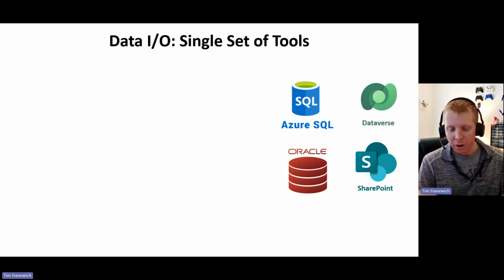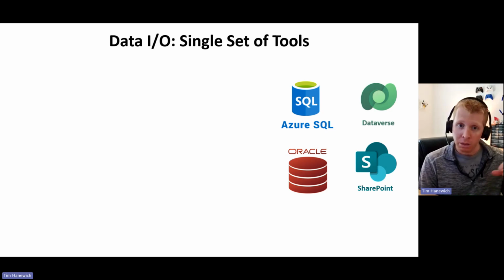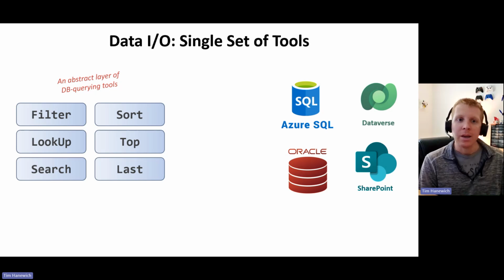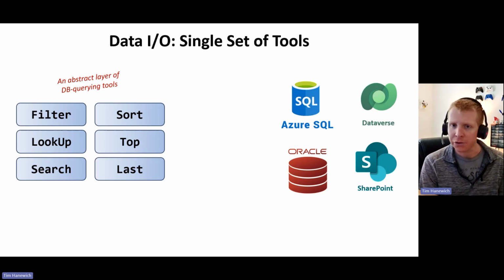One way we're trying to mitigate that challenge with low code is by providing to you through Power FX essentially an abstraction layer of database querying tools. So in Power FX and Power Apps, when you want to, for example, work with data and you want to filter, you will use the filter function or lookup or search and so forth.